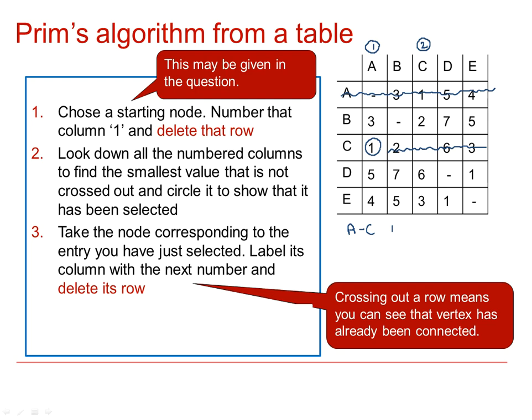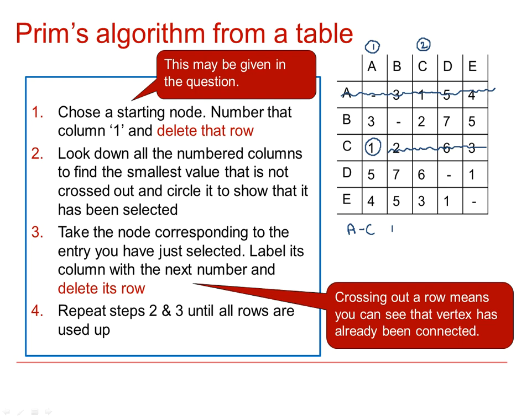It then continues going back to number 2. We've now got 2 columns to look at. So we look at both columns, A and C, looking for the smallest number that there is there.